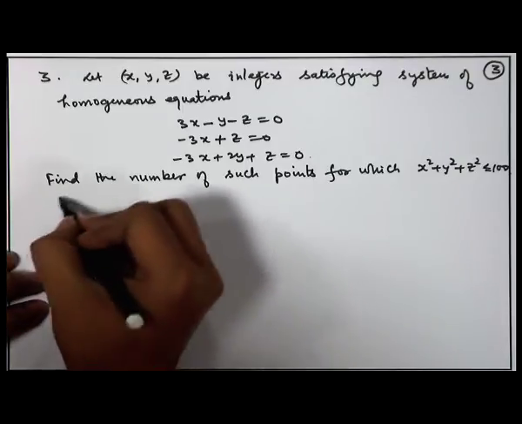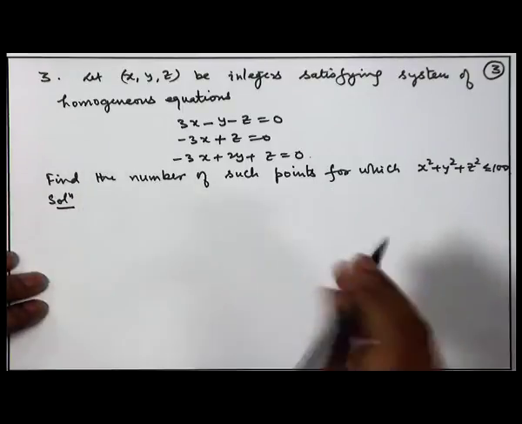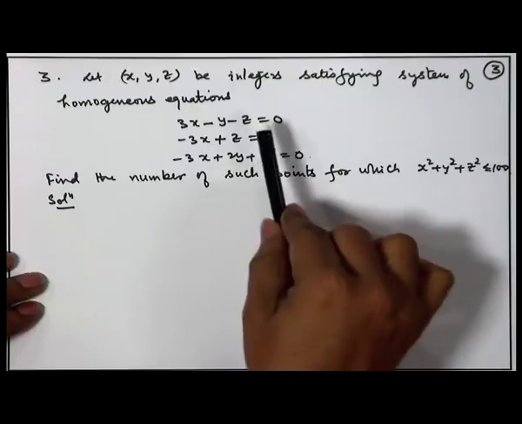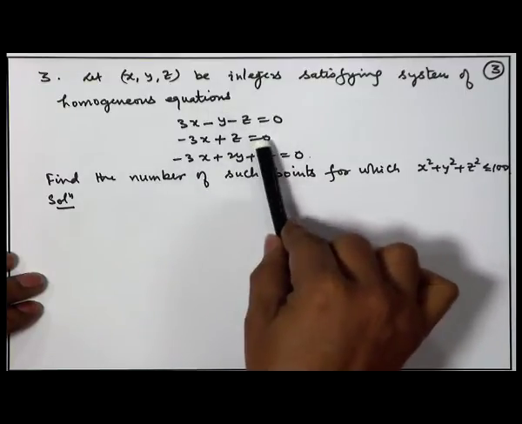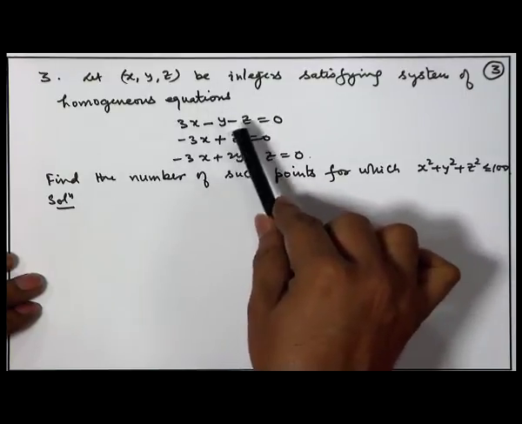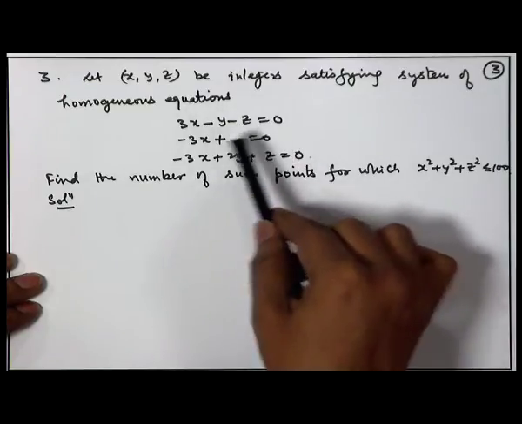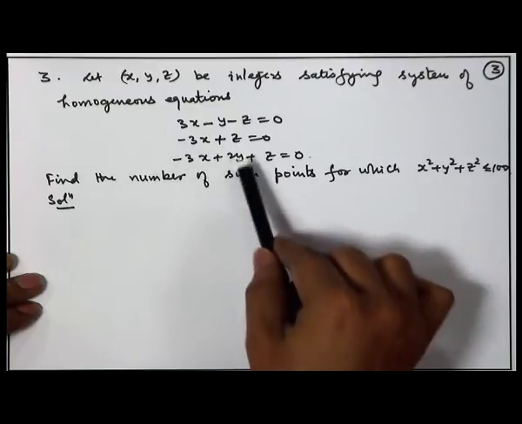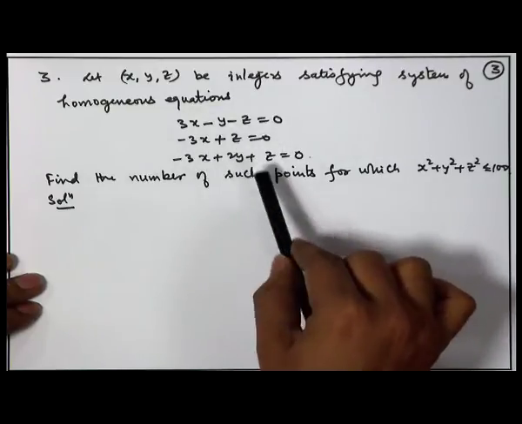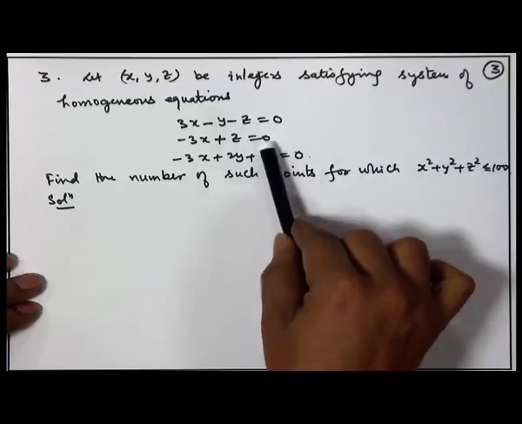So, let us observe, if we look at equation number 1 and 2 and I add these two, then I will get only y is equal to 0, or if I take the second and third and I subtract, then I get y is equal to 0. So, immediately it is clear that y is 0.